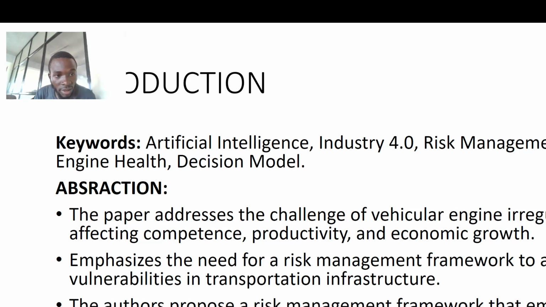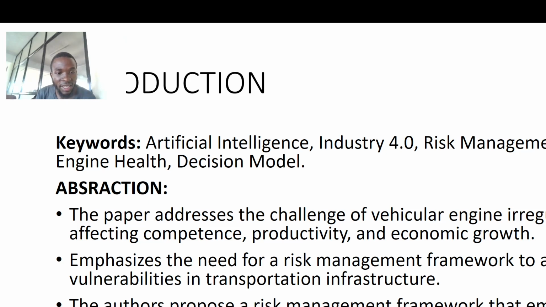So the abstract, I'm going to take you through the abstract. The paper addresses the challenges of vehicular engine irregularities affecting competency, productivity, and economic growth. So the main problem that was being solved was the vehicular engine irregularities, which were affecting competence, productivity, and economic growth.